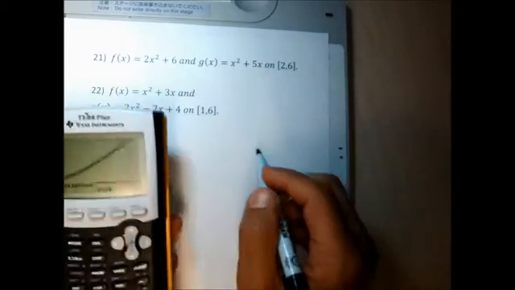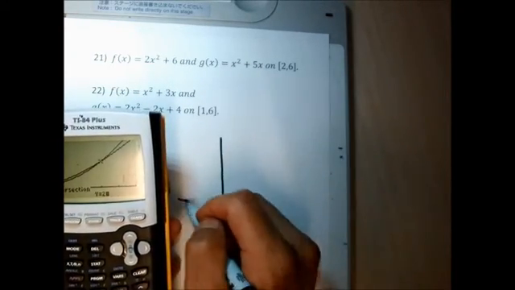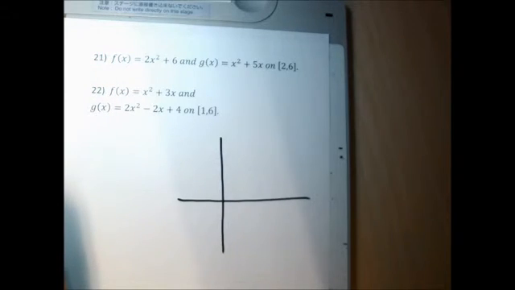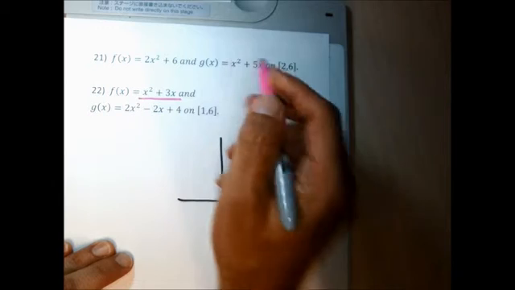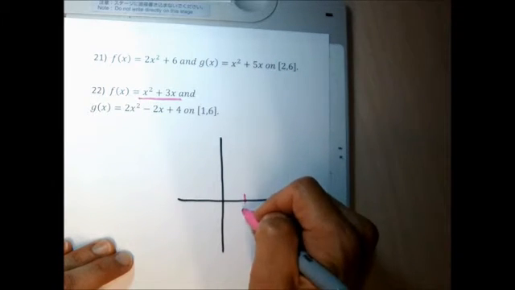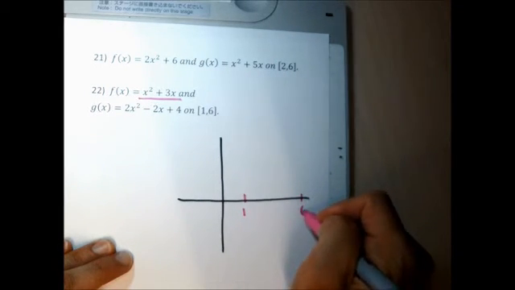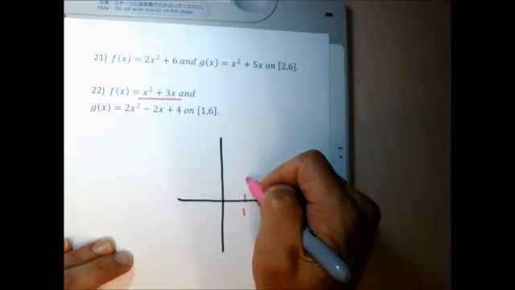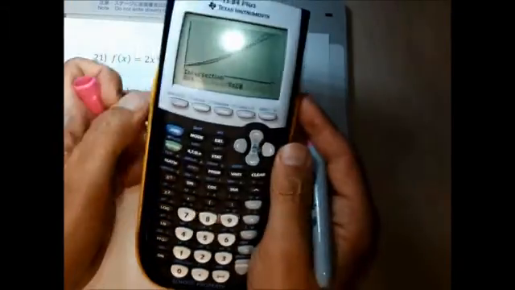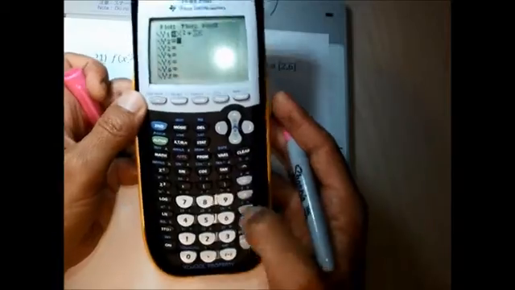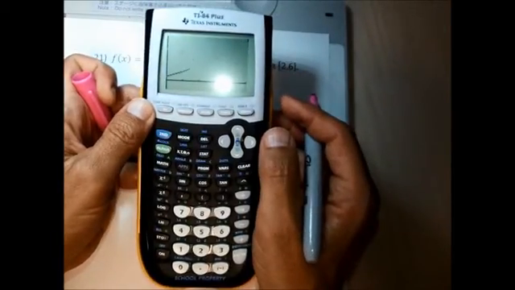So let me try to copy this graph the best I can and put some color into it so you can see what's going on. So I'm going to graph this here like this, and from x equal to 1 to x equal to 6. Let me recalibrate that. Clear. Graph it.